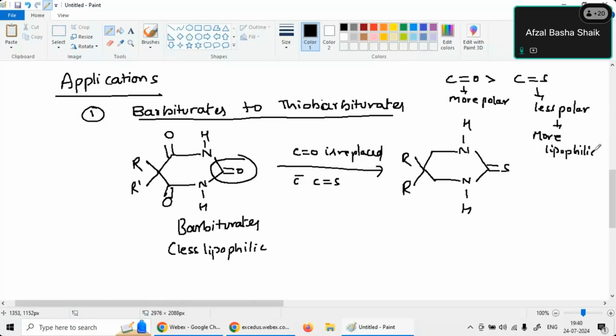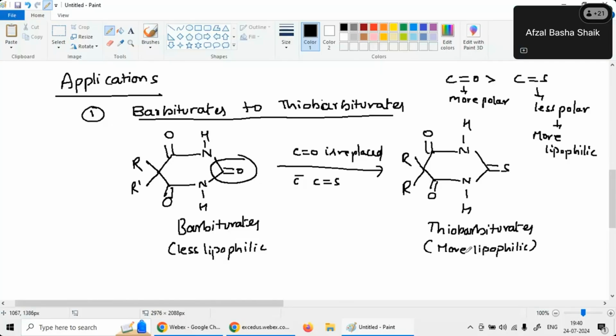Thiobarbiturates are more lipophilic. Sorry, we need to write this double bond O, right?